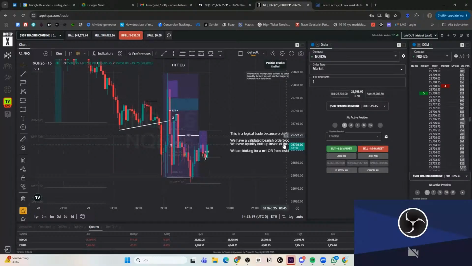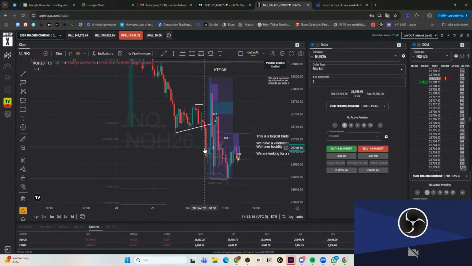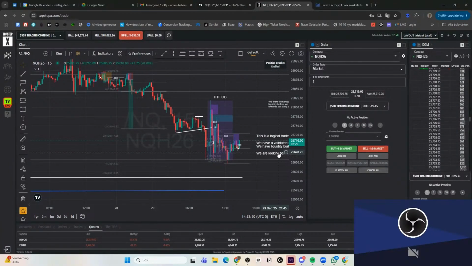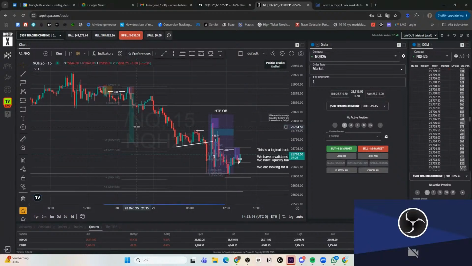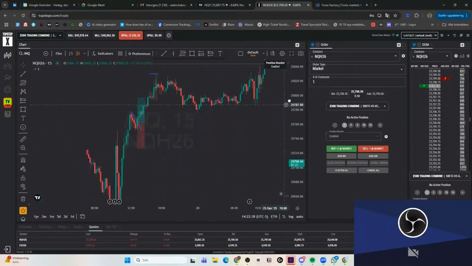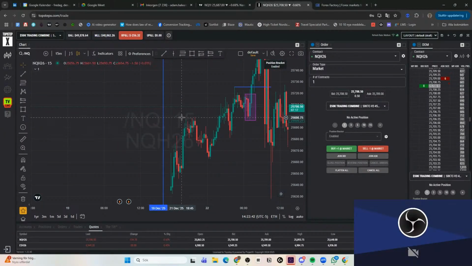I kind of prefer trading the London session, I've come to realize, because it's a bit slower there, and the things happen on the higher time frame as well. What I mean by that is, like here, it gives a lot more clarity on the higher time frame about what we want.